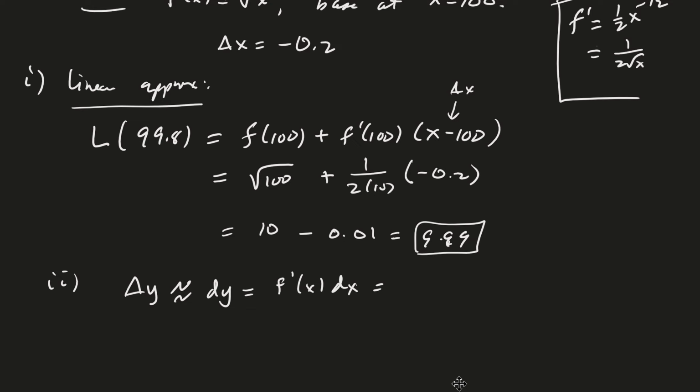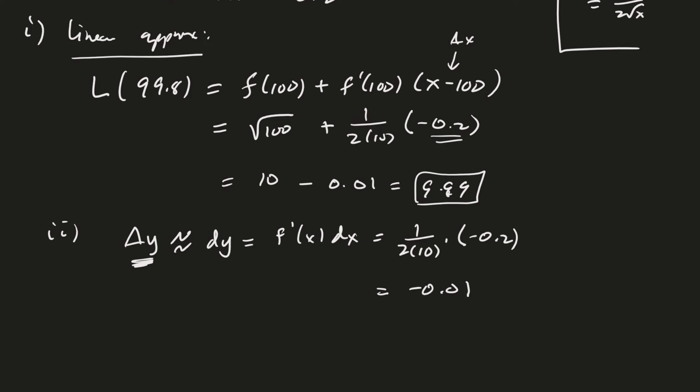And I think we've already computed those, so that's going to be 1 over 2 times 10 times our dx, which is equal to our delta x, which is minus 0.2, right? And so the dy here is minus 0.01, and so I'm going to approximate the change in y from that.